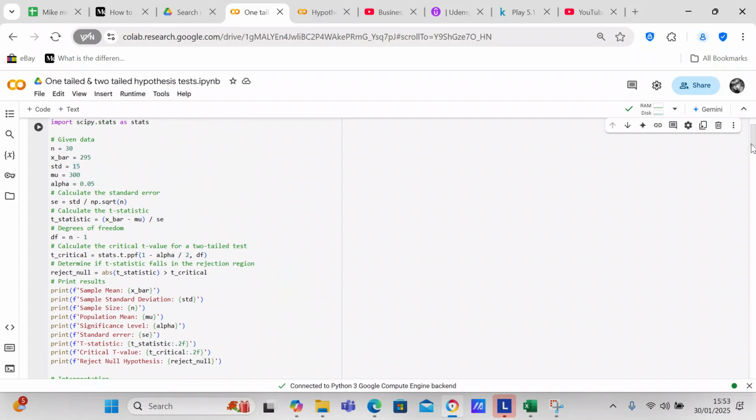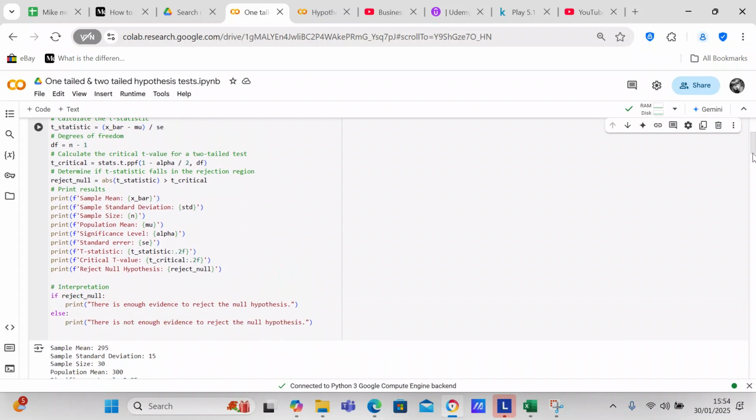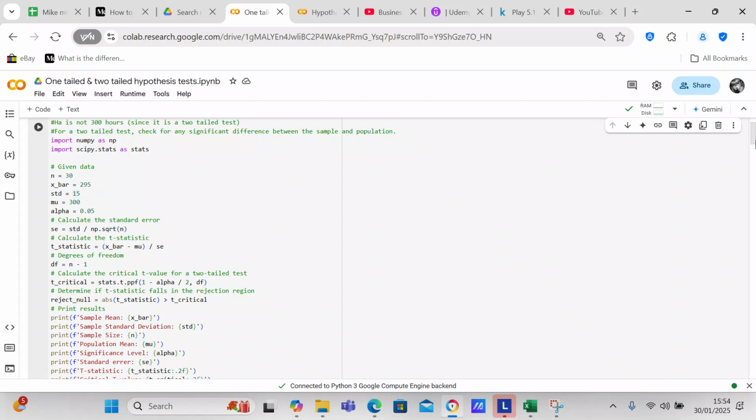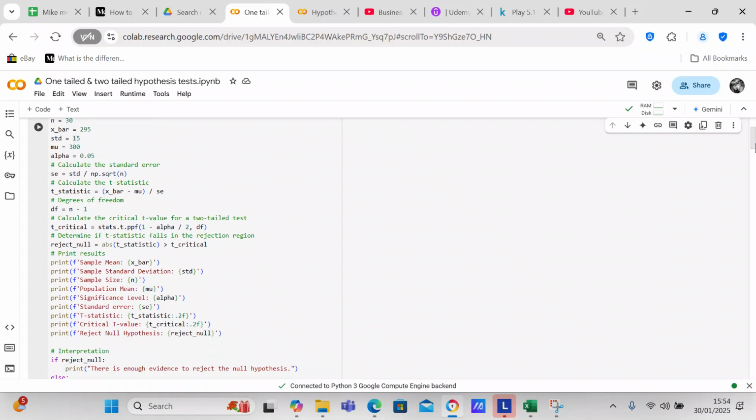Your t-statistic is X bar, your sample mean, minus mu, your population mean, divided by SE, your standard error. So your t-statistic is going to be negative 1.83. And now we're going to calculate the degrees of freedom. Your degrees of freedom equals n, your sample size, minus 1. So your degrees of freedom is going to be 29.